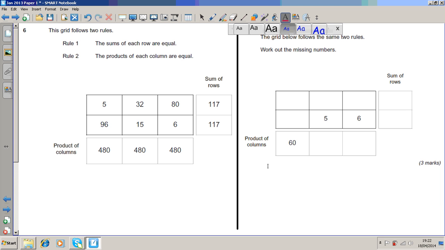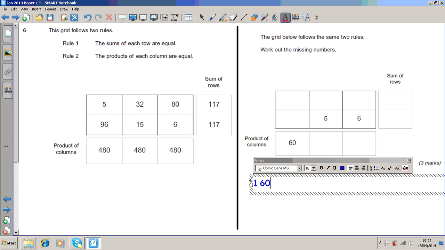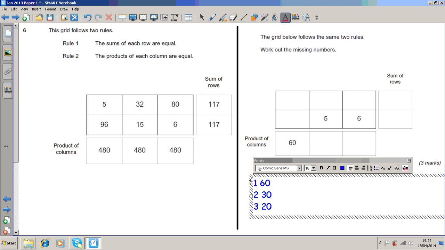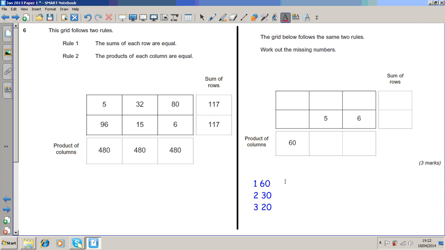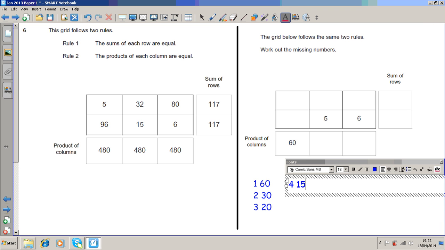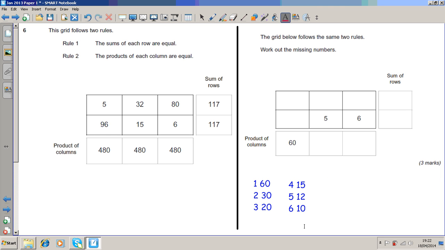Okay, so 60 and 2 numbers times gives 60, so we could have 1 and 60, could have 2 and 30, could have 3 and 20, could have 4 and 15, could have 5 and 12, could have 6 and 10. Any of these numbers could go into here. The times to give that.